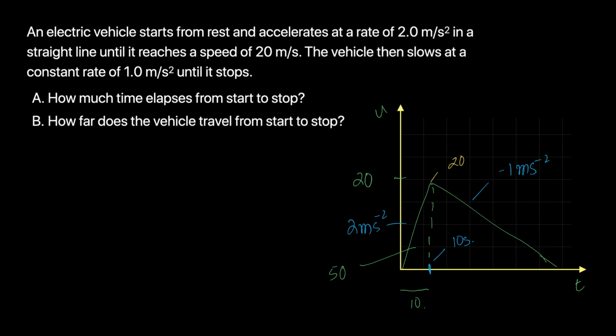We'll use the same equation. Now it's s equals ut plus half at squared again. This time for the second 20 seconds, we're focusing on this part of the graph, right?